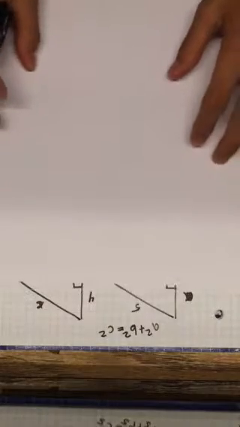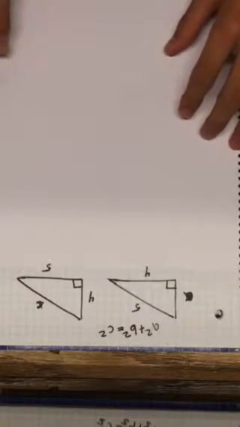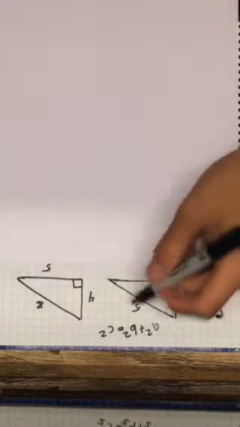So here I have two right triangles, and here's A, B, and C, all the different sides. And so let's go ahead and solve this first triangle. So set up the equation with a squared plus b squared equals c squared.